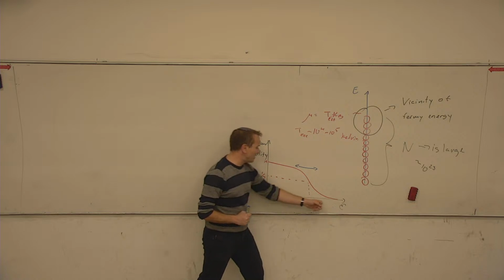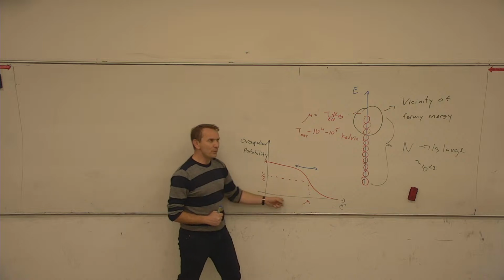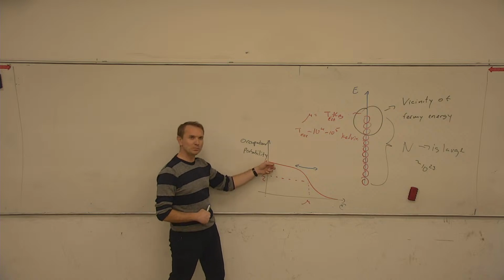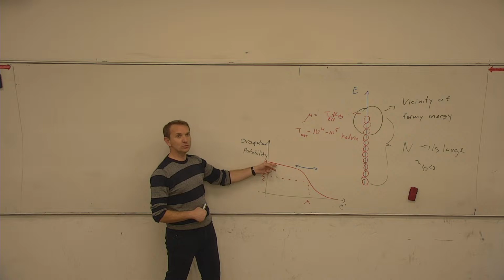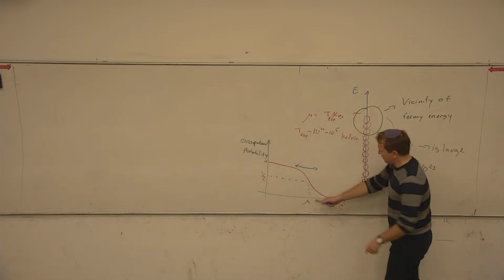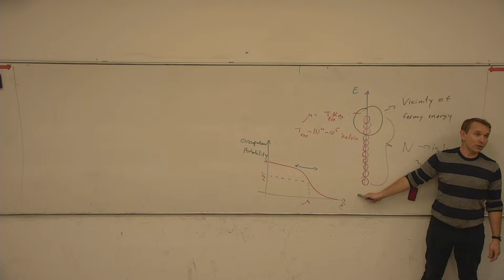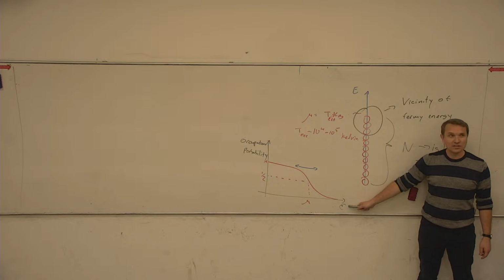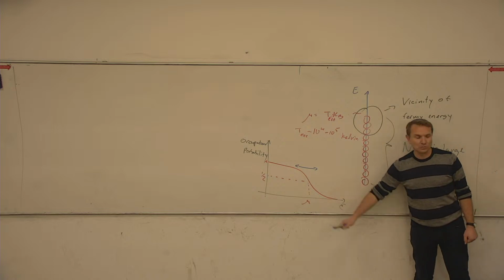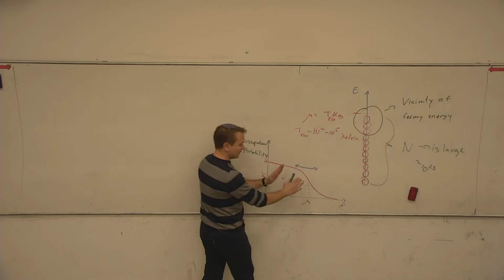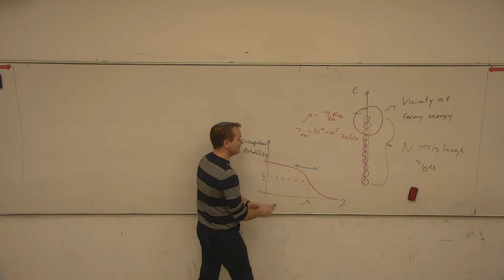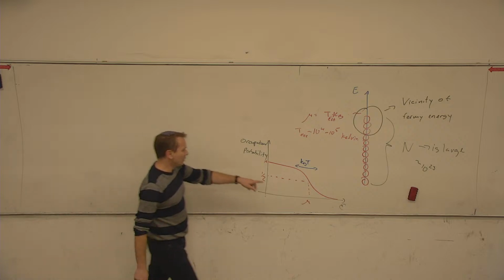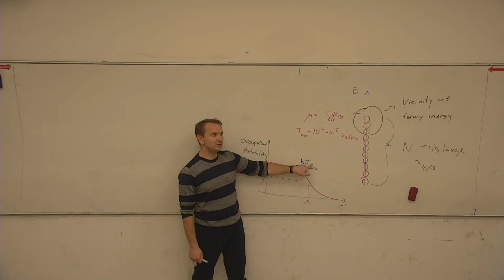So all the states that have energies far, far below mu are always filled, and the probability that they are going to be occupied and then unoccupied and then occupied again is exactly 0. They are always occupied. All those energies that are far above mu are always unoccupied. So nothing dynamically happens over there. They are always empty, and there are no particles sitting in the energetic states where the energy is much, much larger than mu. So anything that happens, happens in the vicinity of mu. And this is on the order of k Boltzmann times the temperature of the system. Not mu, but the true temperature of the system.